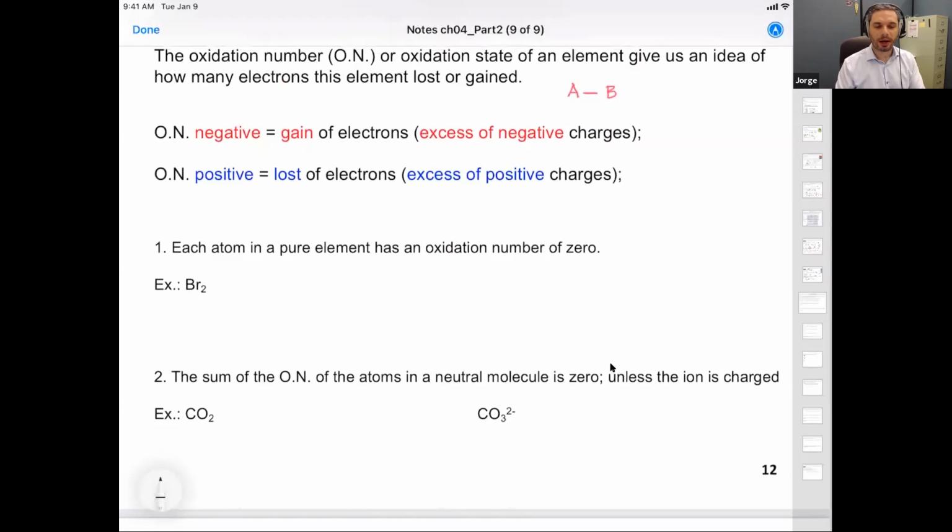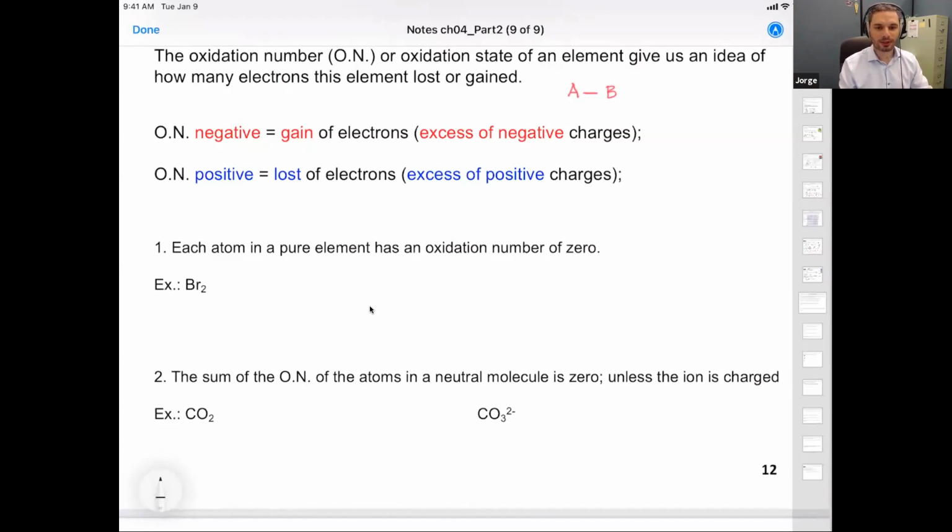To determine the oxidation number, there is a set of rules that we must follow, and that will guide us to get all the oxidation numbers from all the elements involved in the formation of a chemical compound.